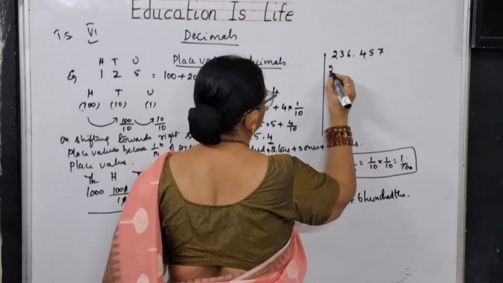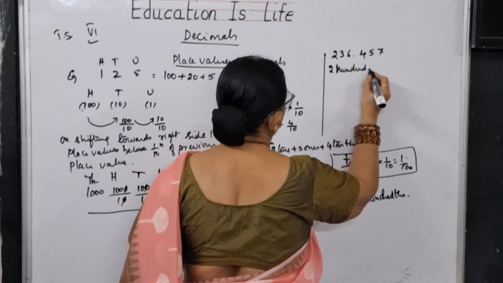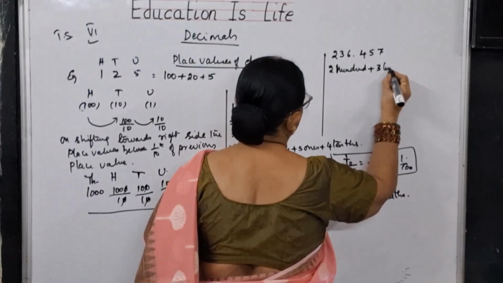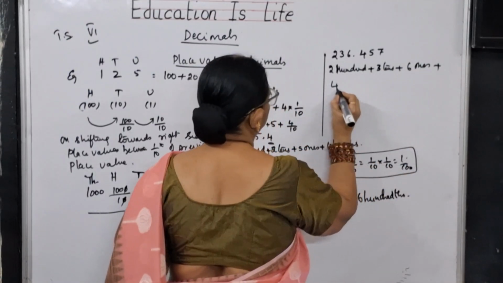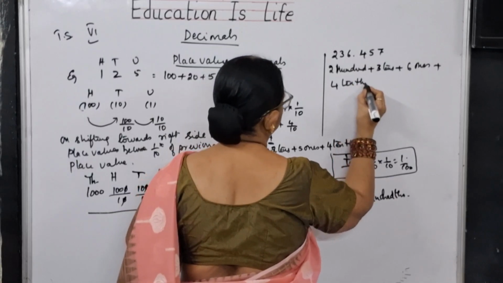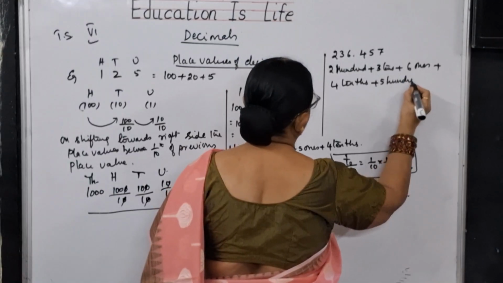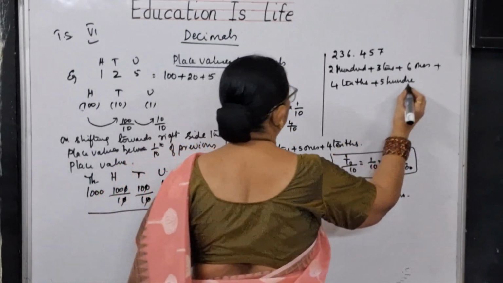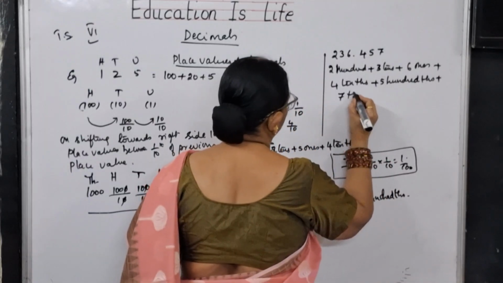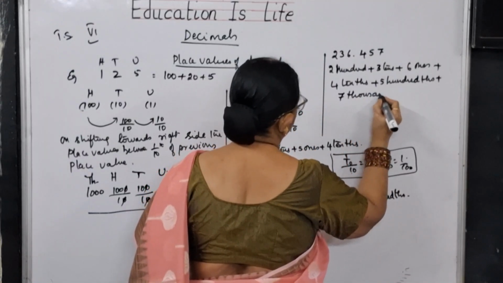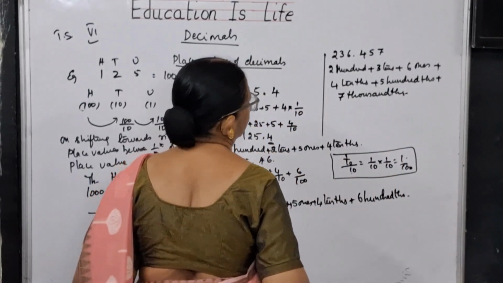That means 2 hundreds, 200 plus 3 tens plus 6 ones plus 4 tenths, plus 5 hundredths, plus 7 thousandths.